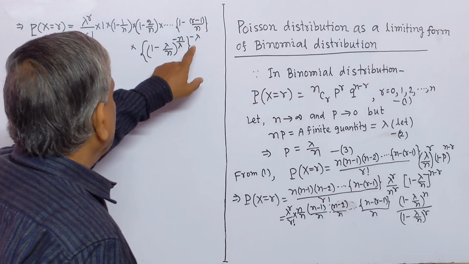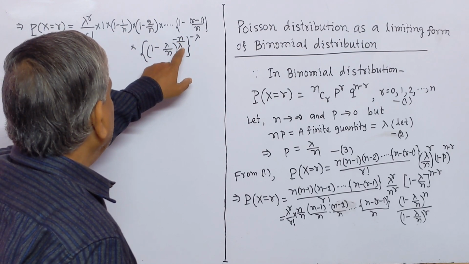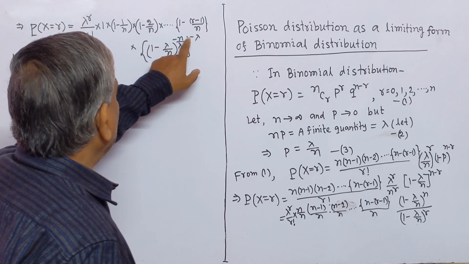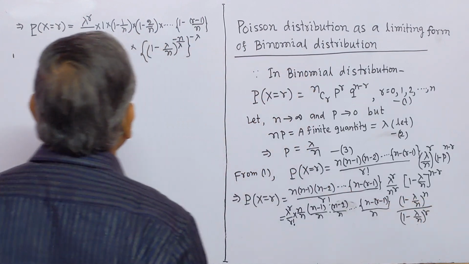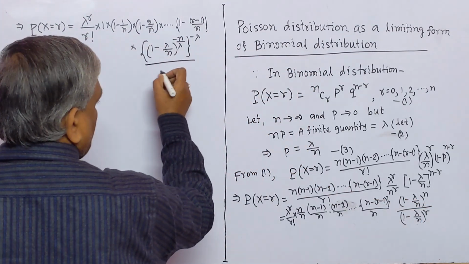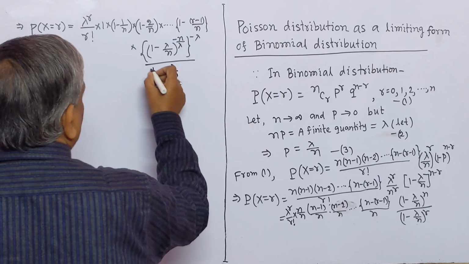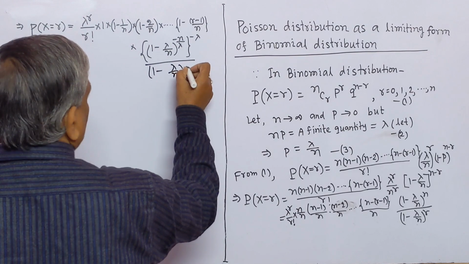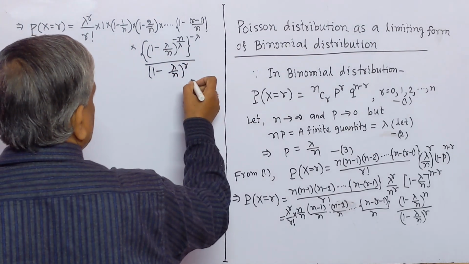Here, if we multiply minus n by lambda and minus lambda, we will get n. Here we have, divided by 1 minus lambda by n to the power r. This is number 3.